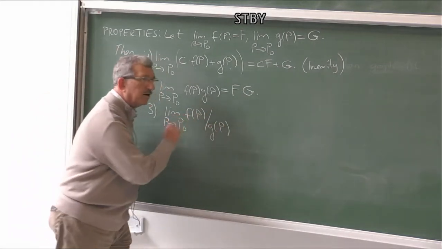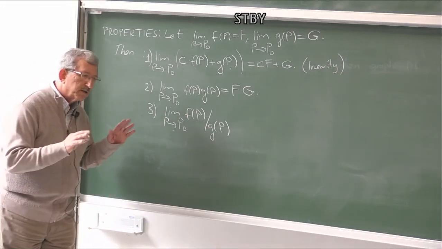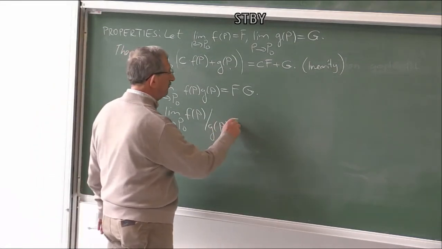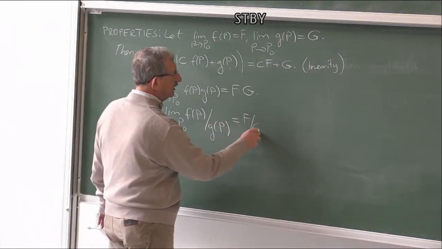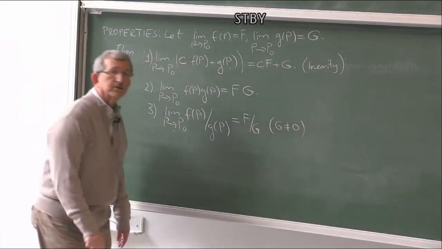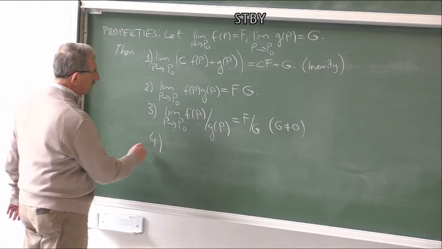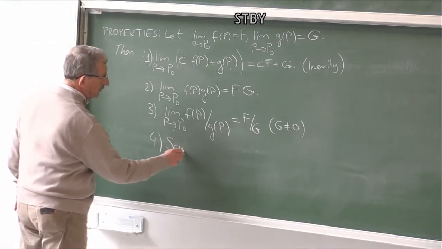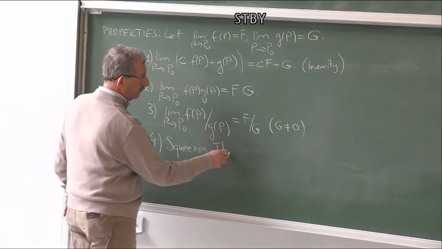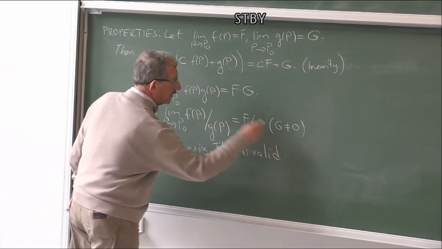Now these are real numbers, so I can perform standard binary operations on them. This would be F over G. Of course, G must be non-zero, otherwise the whole process would fail. And the squeezing theorem is also valid.